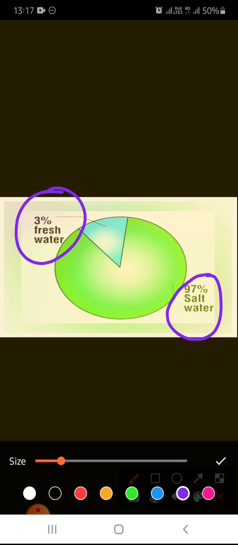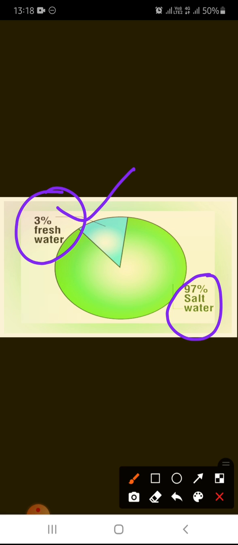Fresh water that we can drink is potable, which means fit for drinking. So only 3% of the water is potable for drinking, and from this 3% also, only 2% or 0.09% is available for us.